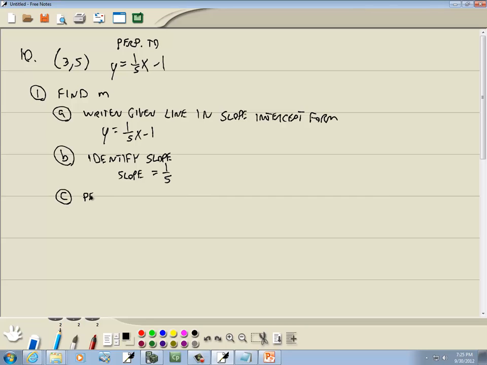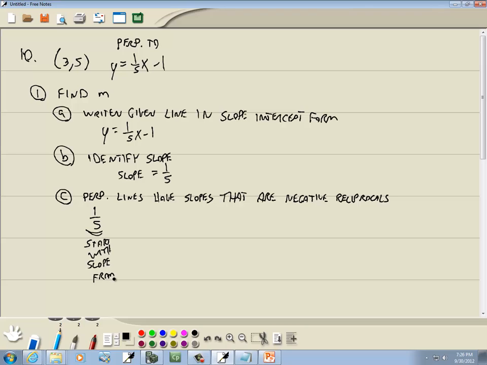And for C, perpendicular lines have slopes that are negative reciprocals. So we'll start with the slope from B. You've seen these already, but I'll write the steps out again.